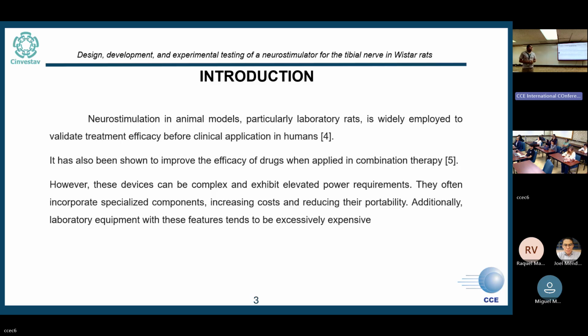In some cases, it exhibits elevated power requirements, like a special power source or other additives that need to be used in some research. So in some cases, these devices are expensive, and for some research laboratories, it's difficult to buy them.